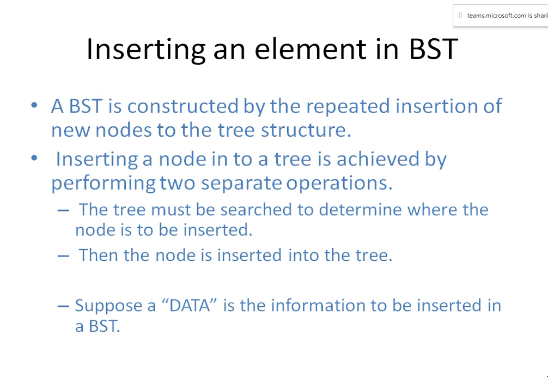This property should not be violated. So we have to take care while inserting a new node in the tree. Therefore, we need to first determine where the node is to be inserted and then actually insert the node in the tree. Suppose we are taking a variable data as the information to be inserted in a binary search tree.